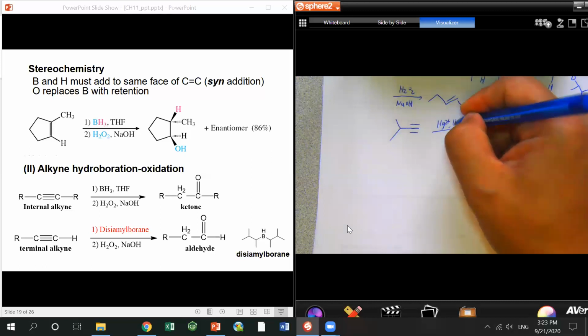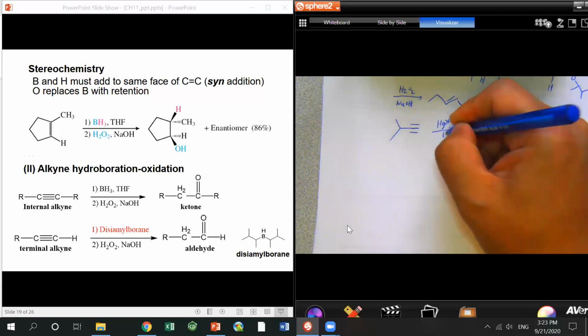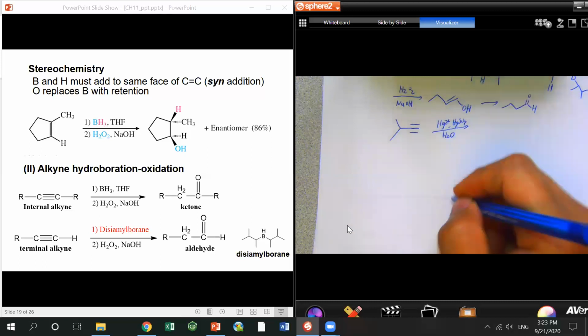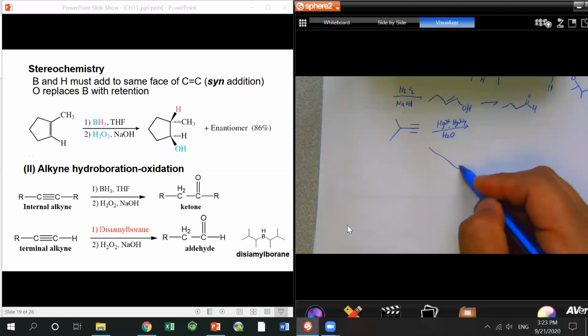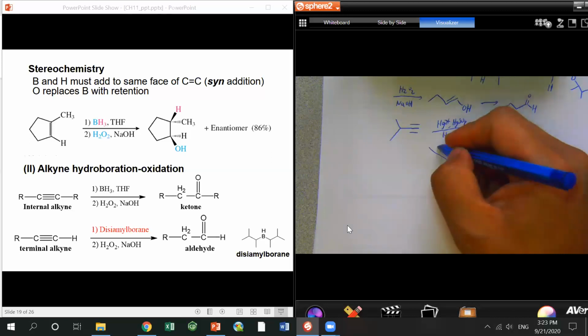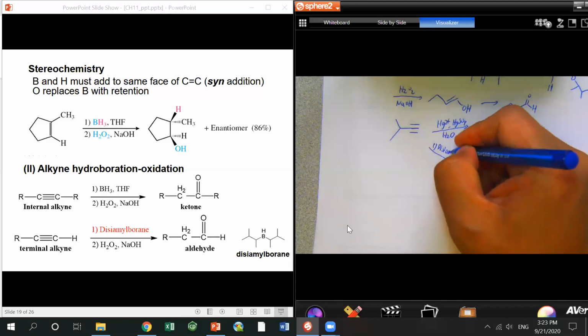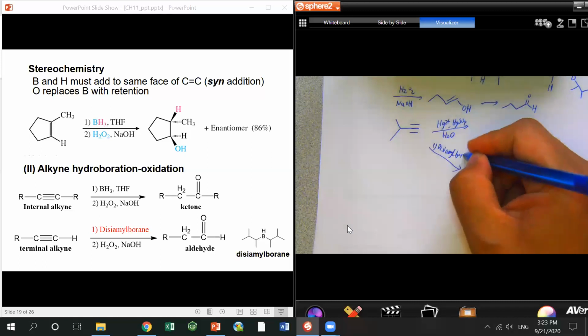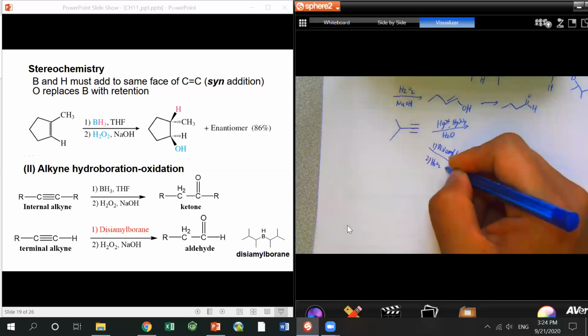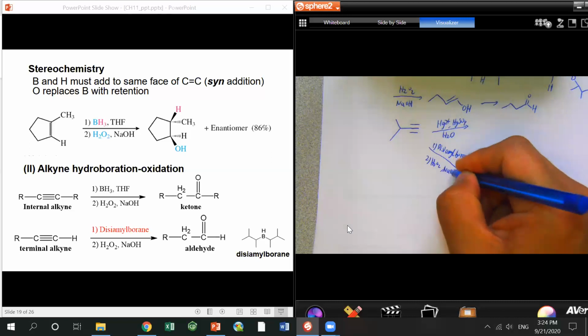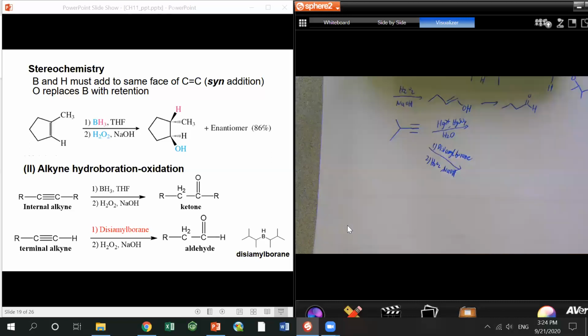The first one is the oxymercuration reduction conditions, and the second one we use disiamylborane, with the oxidation condition. All right, take a try. Try to draw the product.